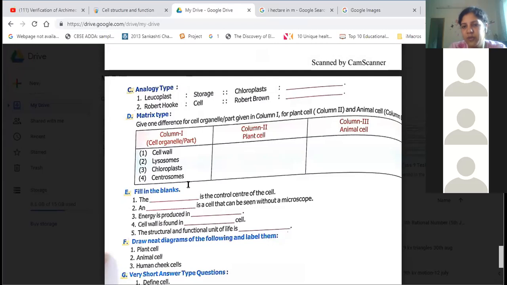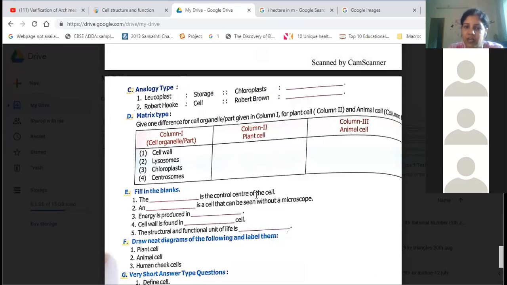Lysosomes are also present only in the animal cell and absent in the plant cell. Only a very rare plant has lysosomes. But here you write: plant cell, lysosomes absent; animal cell, lysosomes present.